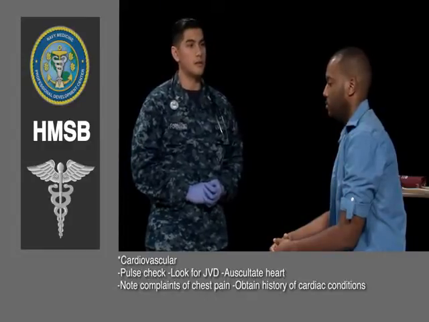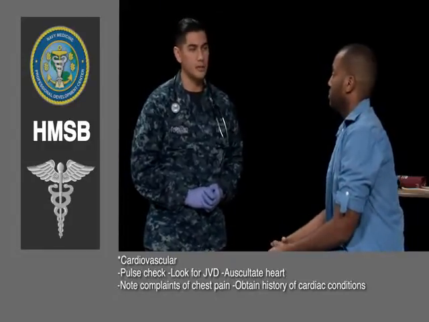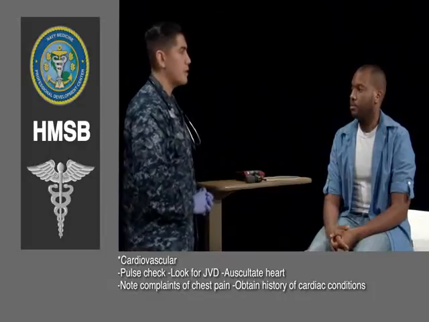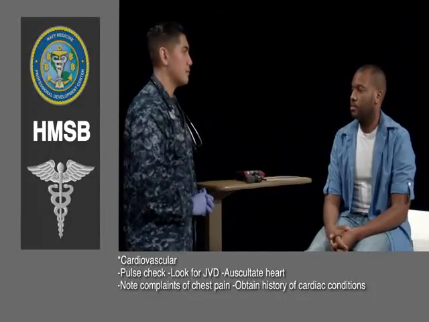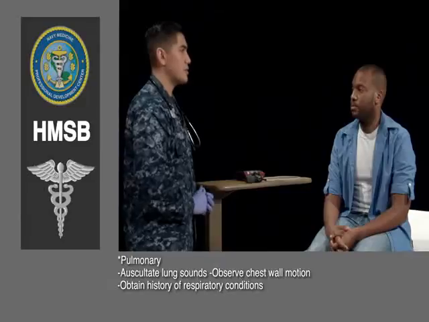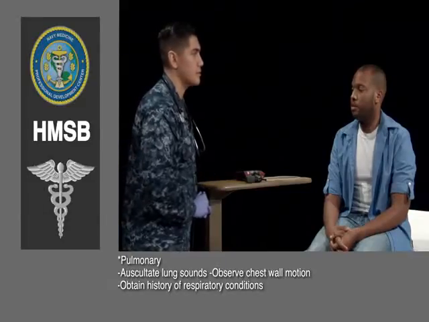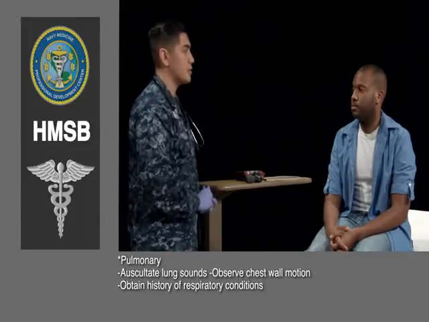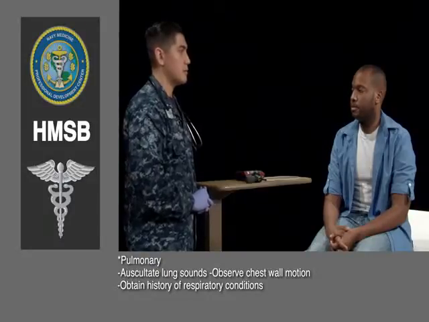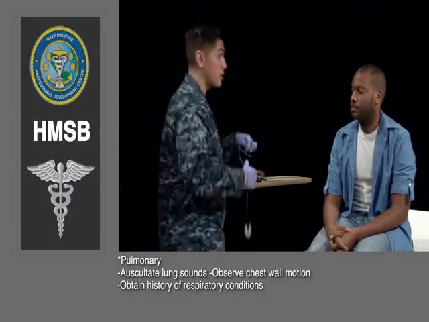Next, I'm going to assess my patient's cardiovascular and pulmonary systems. Sir, do you have a history of any cardiac ailments? No. Have you been experiencing any chest pain? No. Do you have a history of any respiratory illness? No. Have you been experiencing shortness of breath? No. I'm going to take a listen to your heart and lungs.